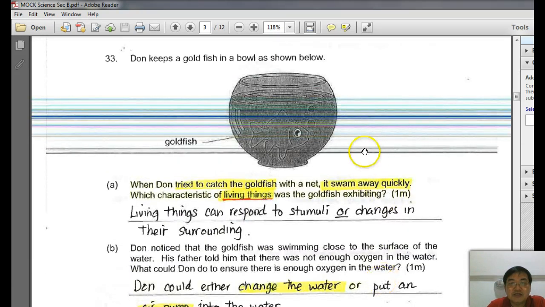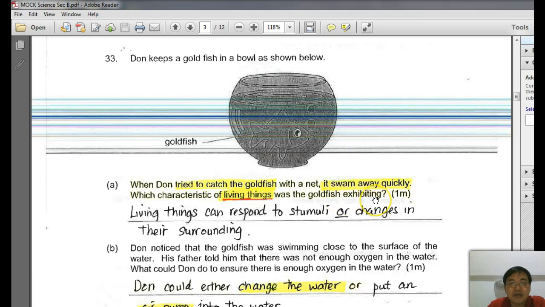Okay, actually it's a fish tank showing the water is quite high and the fish is having a problem breathing. It goes to the surface. Okay, now when Don tried to catch the goldfish with a net, it swam quickly away. Which characteristic of living things was the goldfish exhibiting?